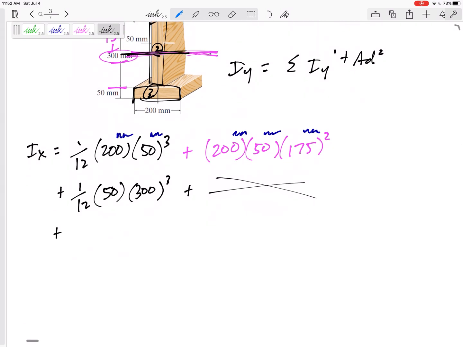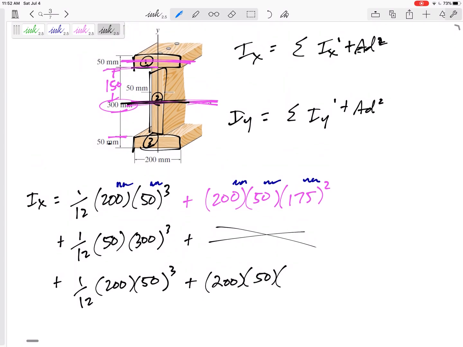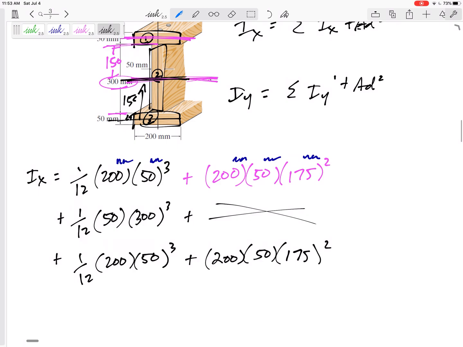And then this bottom one, 1/12 b h cubed plus area, base times height. And then what distance do I need to move it? It is the same. Let's see, 150 and another 25, 175 squared.